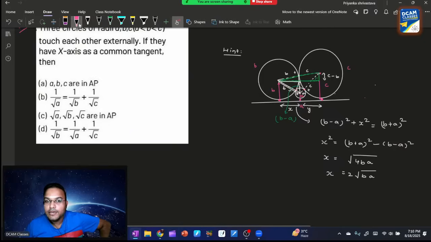For finding out that value of y, you will have to make another triangle like this.